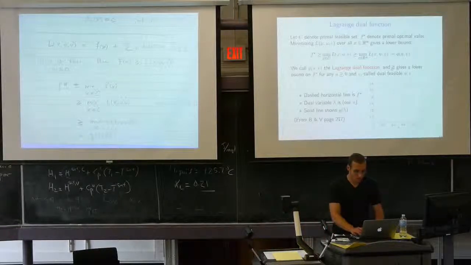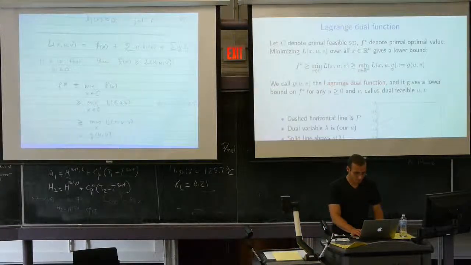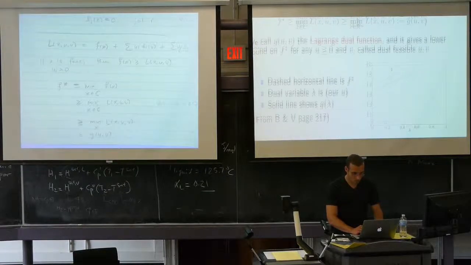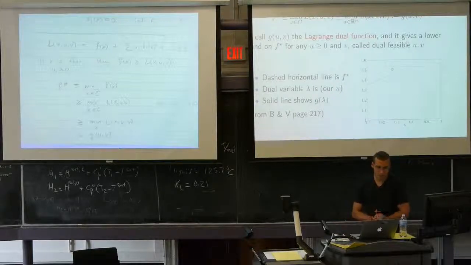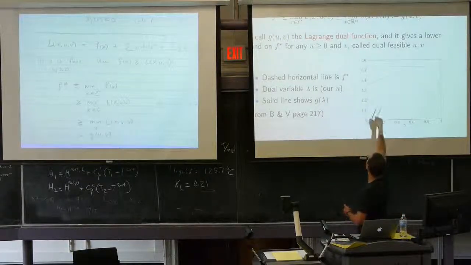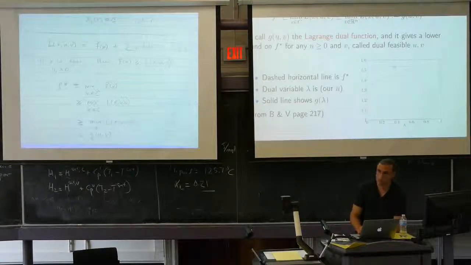So here's another example. This is an example where I actually only have one constraint, and it's an inequality constraint. And this dotted line is the optimal value of my problem. In fact, this is the same example as previously, I believe. But I'm just now showing you the optimal value of the primal problem in a dotted line.